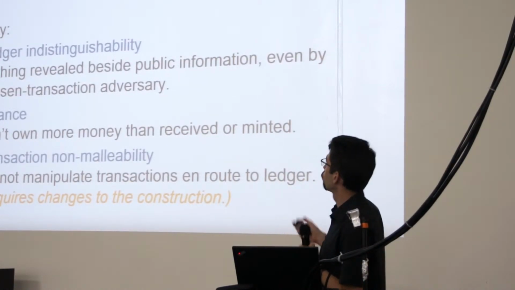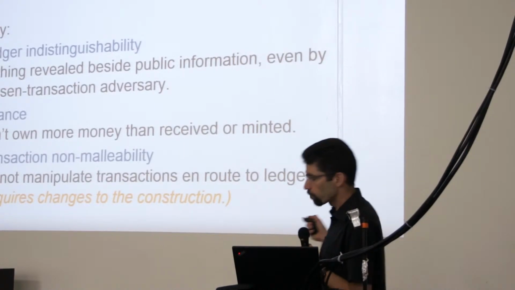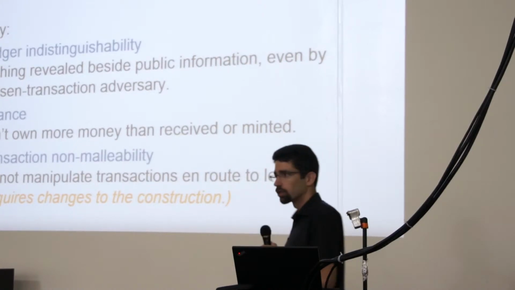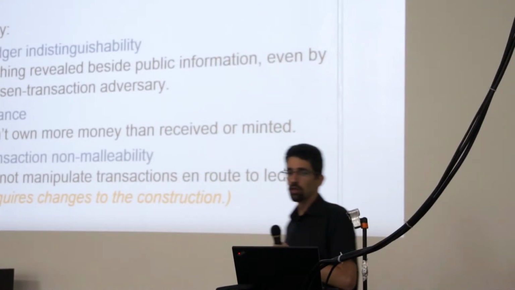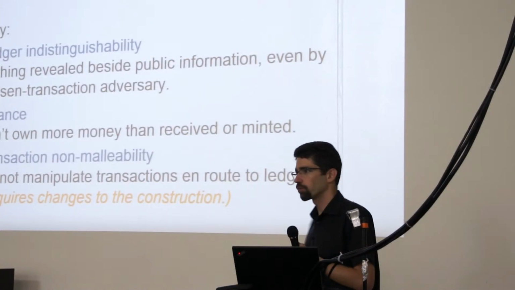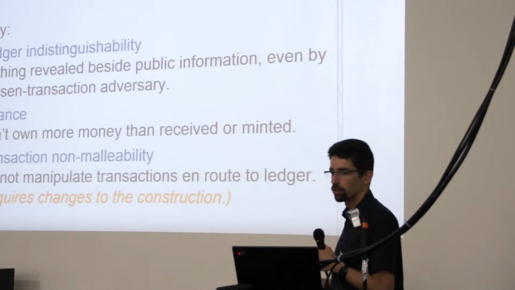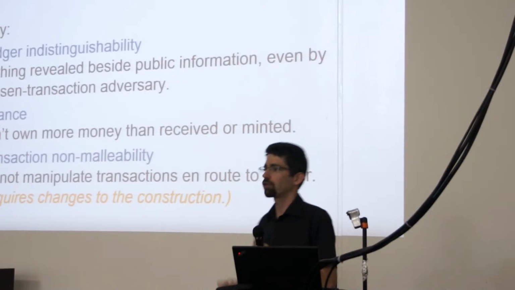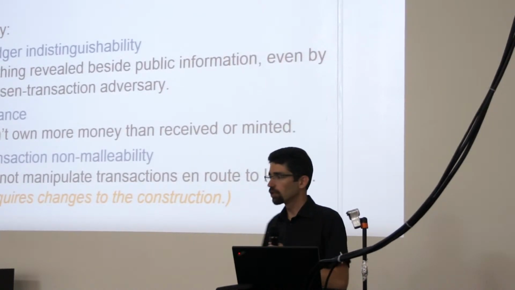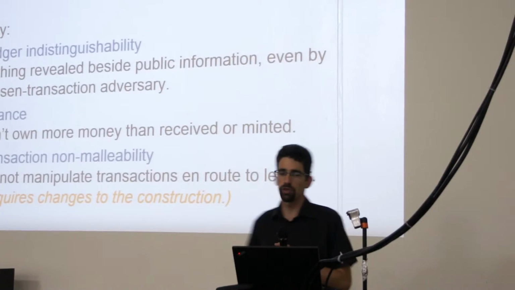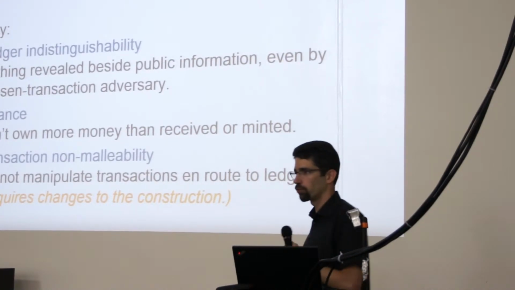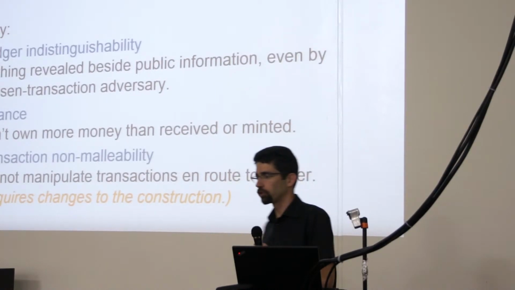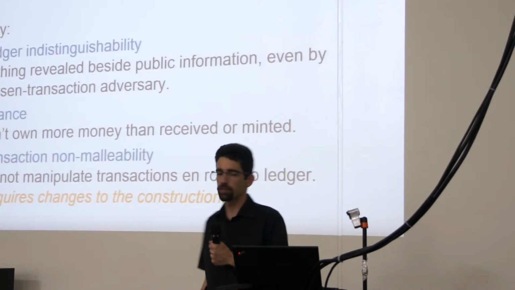The definition of decentralized anonymous payment systems defines these algorithms and how to use them, and then defines security. There are three security properties here. One is anonymity, captured by ledger indistinguishability, which is a technical definition expressing the very powerful fact that nothing in the ledger reveals anything except for the public information, as I pointed out earlier in the transaction description.